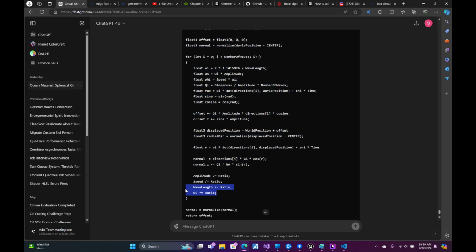Alright, so this is just extraneous code here. Length, amp, speed. Okay.